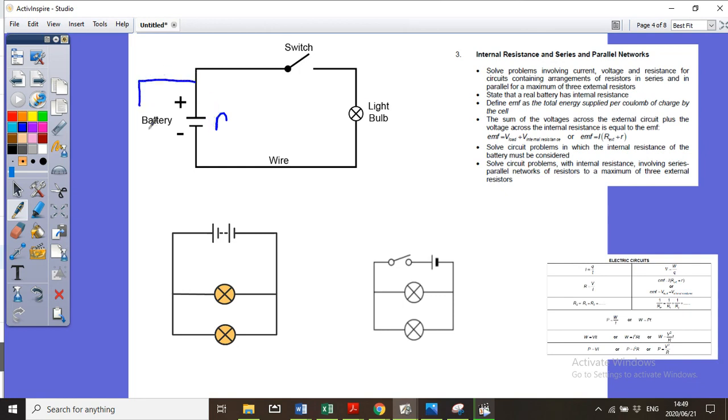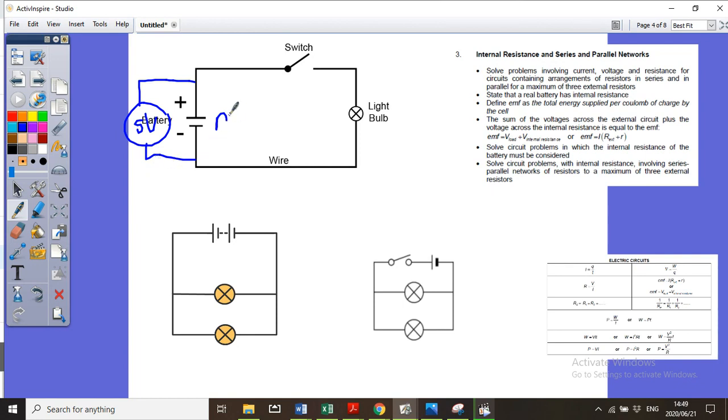But the EMF is still 5. So if the switch is open like it is now, even with internal resistance, this will still be the EMF. Please remember that that is constant.